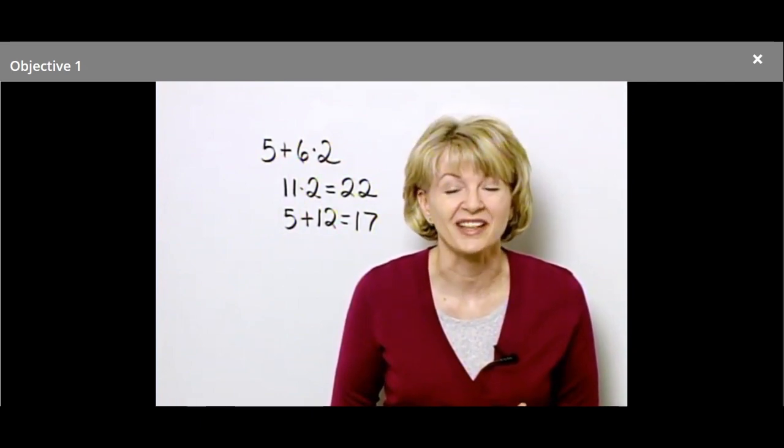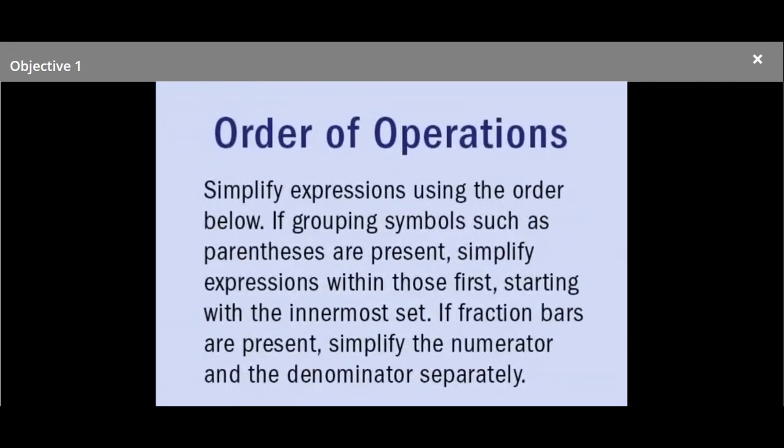Let's look at the following. This is the order we perform operations in. Simplify expressions using the order below if grouping symbols such as parentheses are present. Simplify expressions within those first, starting with the innermost set. If fraction bars are present, simplify the numerator and the denominator separately.